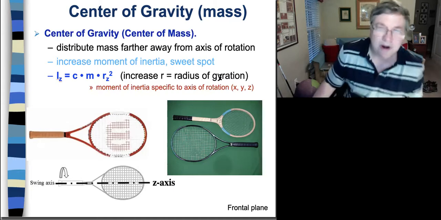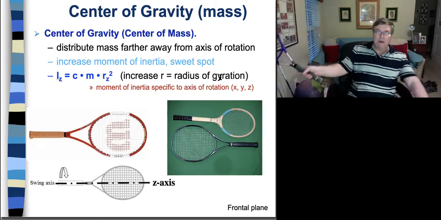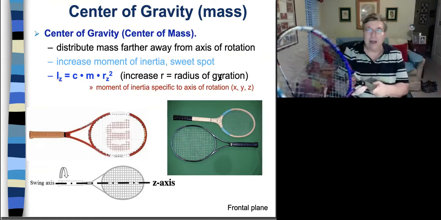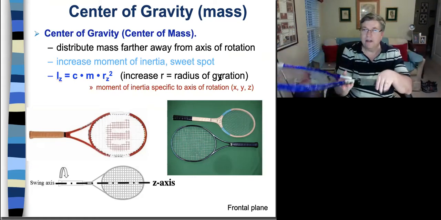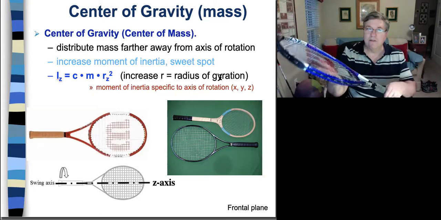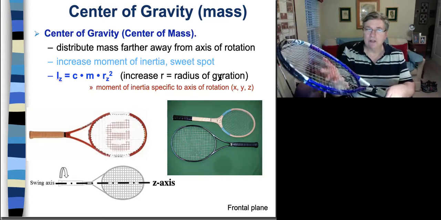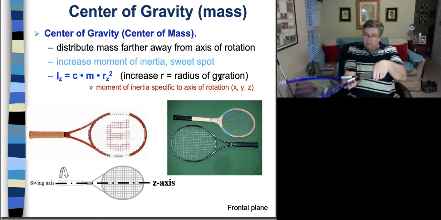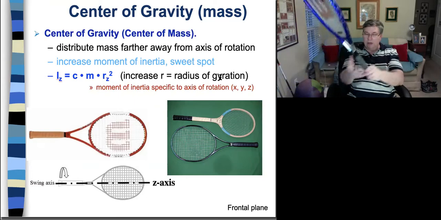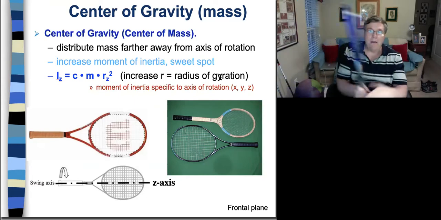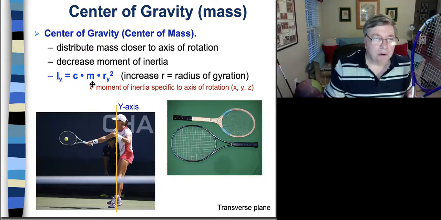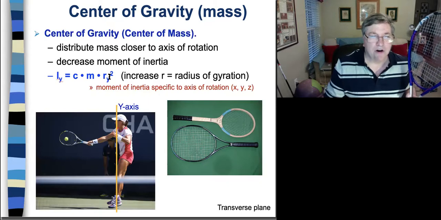Now, here's where I think something cool comes in. When you're hitting that shot, you also have rotation around a vertical axis, a y-axis. So what happens there is that the total mass of this racket is actually much lower than a wooden racket or a steel racket. Also, its balance point is a bit closer to the handle. And that means that both, along the z-axis, both the mass and the radius of gyration are decreased.